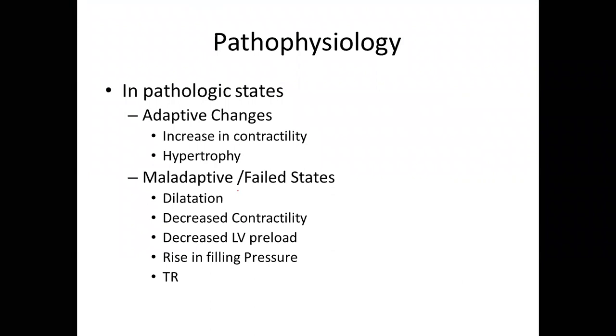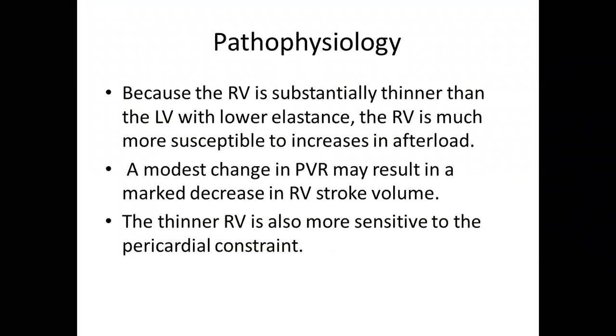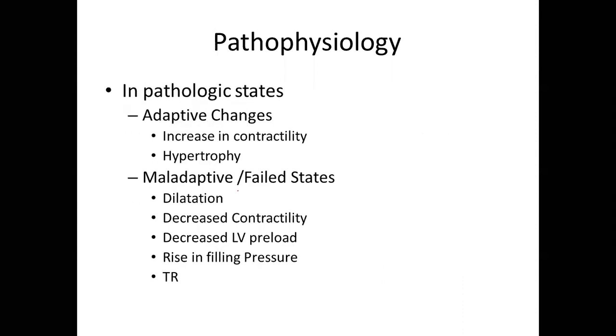So in pathophysiology, we have discussed that afterload increment is very important. Just before we proceed to the other discussion, just to mention some of the adaptive changes in increased pressure overload in the RV. The first one, as you can imagine, is increased contractility. So the RV hypertrophies.